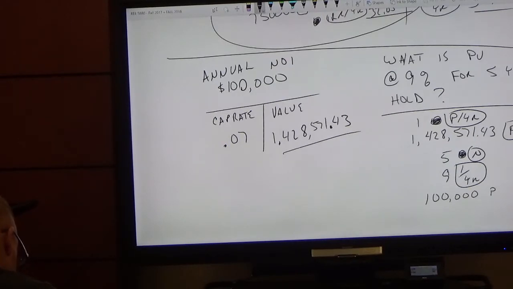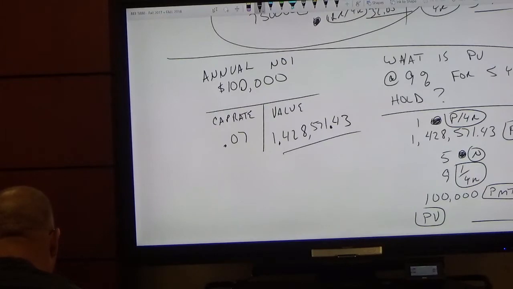That's what we're going to be solving for, the present value. $1,317,438.54. Okay?